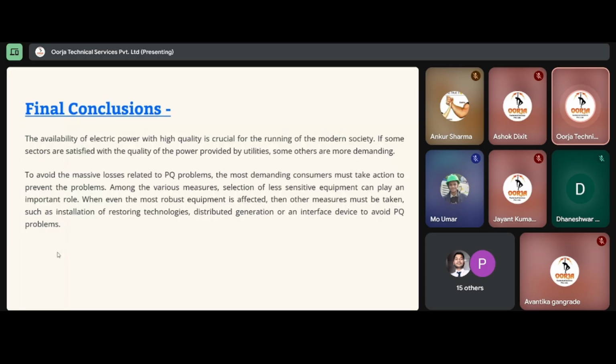Among the various measures, the selection of less sensitive equipment can play an important role. When even the most robust equipment is affected, then other measures must be taken, such as installation of restoring technologies, disturbance generation, or interference devices to avoid power quality problems.